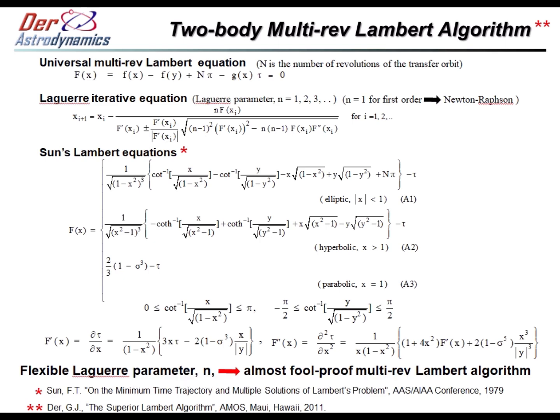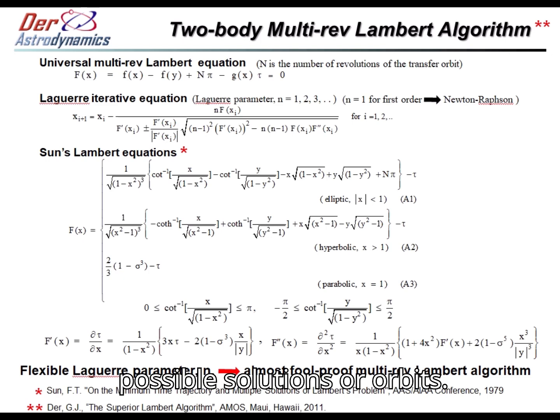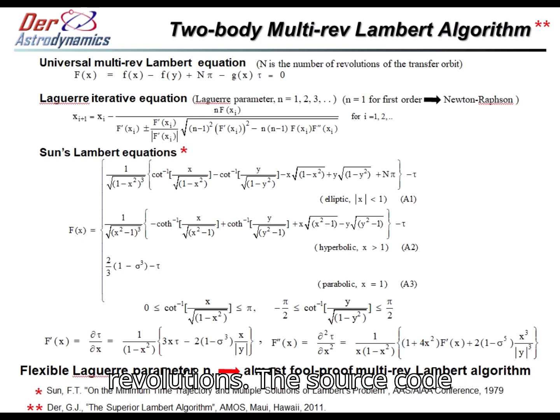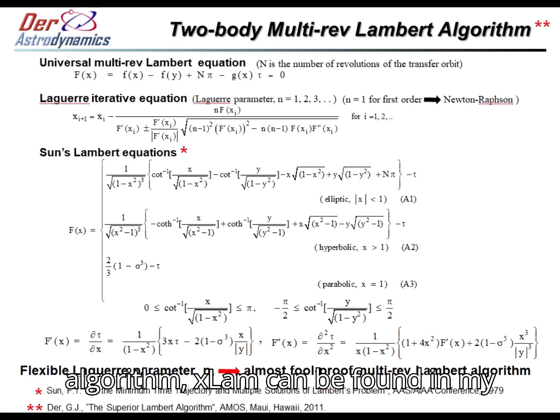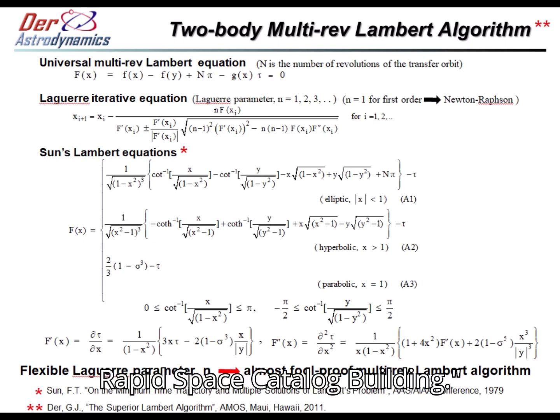The Sun's multi-rev Lambert equations produce 2N plus 1 possible solutions or orbits. The uppercase N is the number of orbit revolutions. The source code of the two-body multi-rev Lambert algorithm, XLAM, can be found in my book, Astrodynamic Algorithms for Rapid Space Catalog Building.